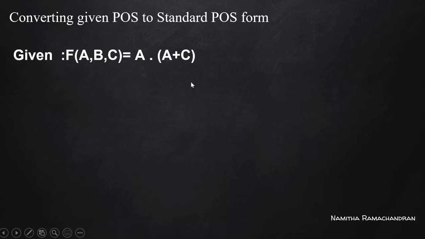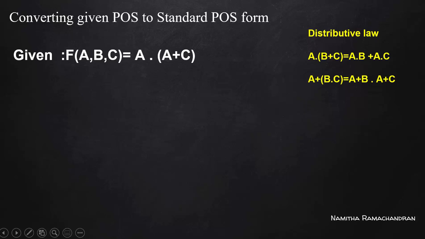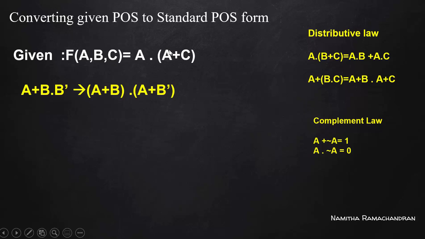Okay. How can we consider or combine the other missing variable with these max terms? For that again we need to consider these laws. This a, how to make this a into its standard form? We can combine this a with b and b complement.